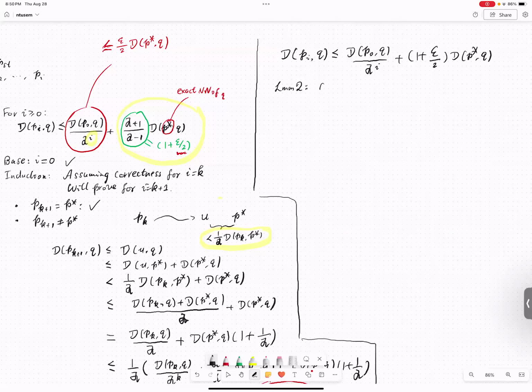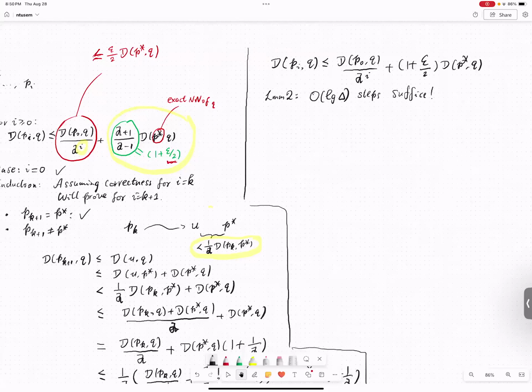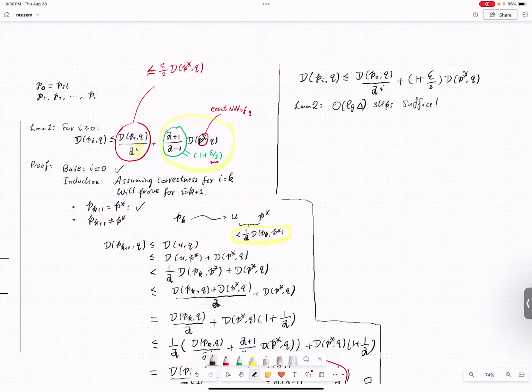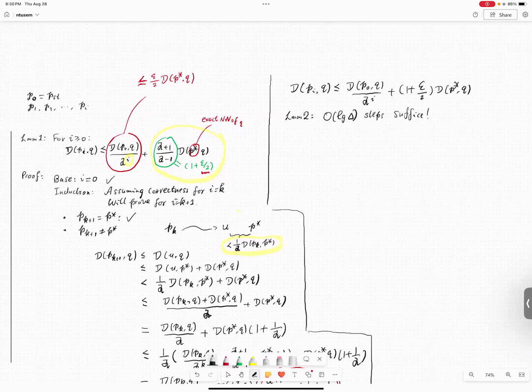The lemma says log delta steps suffice. But before I continue, I would like you to understand the intuition. As you will see, there are 3 cases.